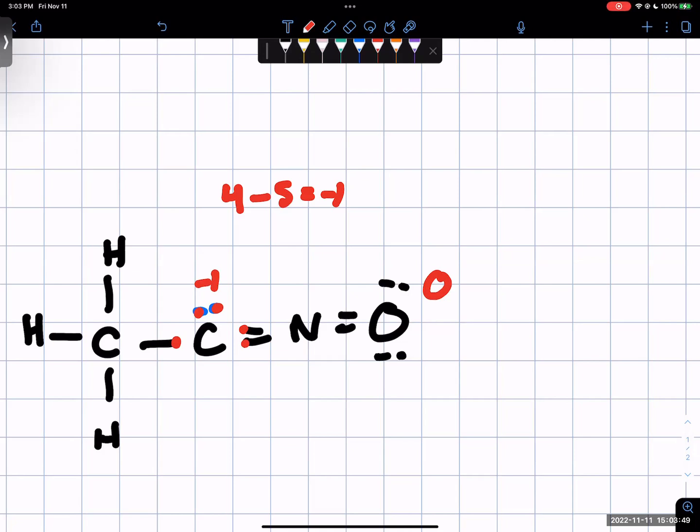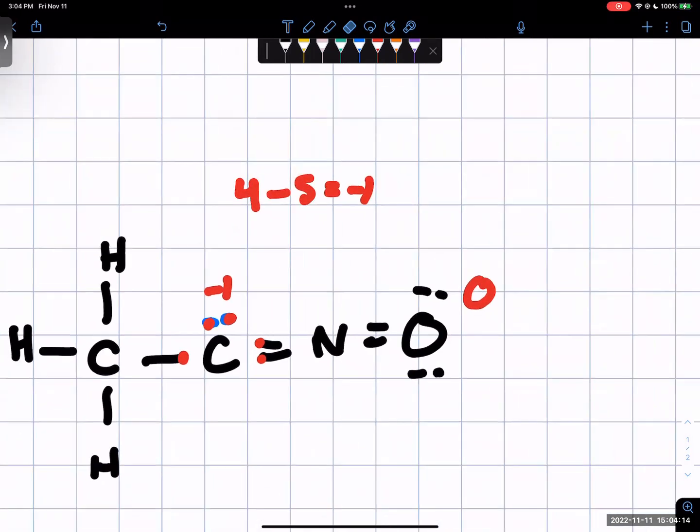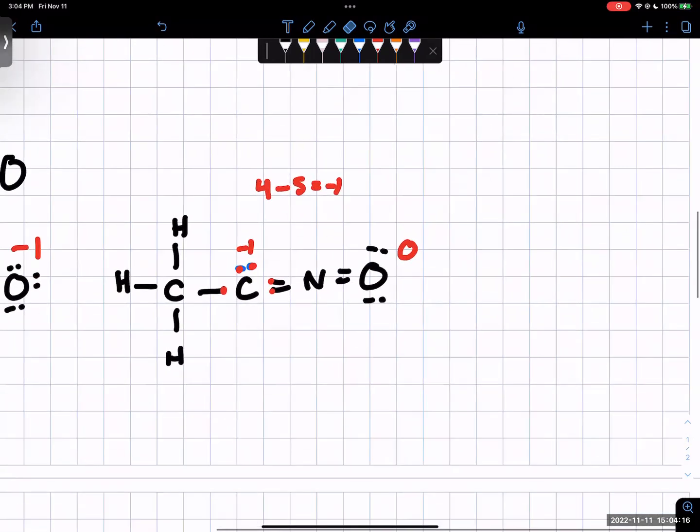So this resonance structure, while it is valid, wouldn't be a major contributor to the overall resonance structure just because it's less stable. Carbon is less stable because it has the negative formal charge, whereas nitrogen and oxygen are both more electronegative than carbon. So either of them would be happier with a -1 formal charge. This is probably a super reactive species.